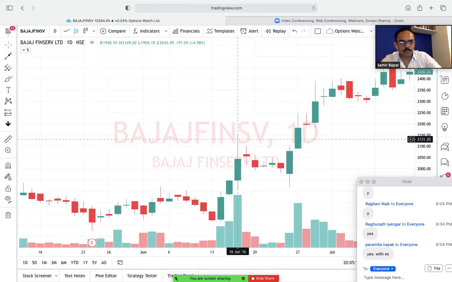Can everyone confirm if they are able to see the Bajaj Finance chart? Bajaj Finance chart is available. You are able to see that?